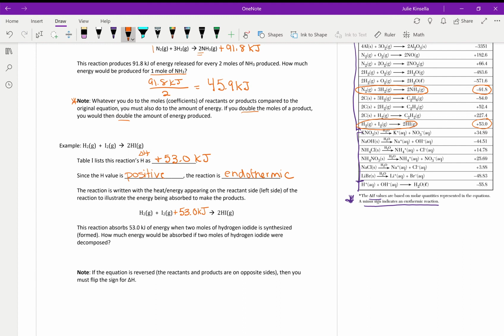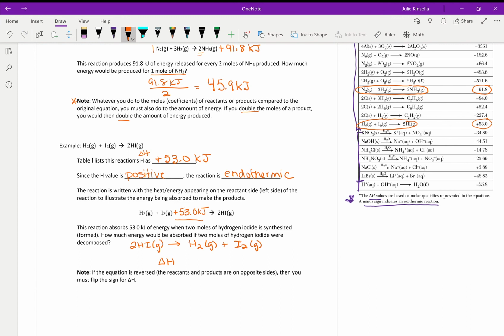So how much energy would be absorbed if 2 moles of hydrogen iodide were decomposed? So what would the energy be if I had those 2 moles of hydrogen iodide decompose into hydrogen and iodine? Okay, I reverse the equation. So my delta H originally was positive 53.0. If I then reverse it and think about how I would then write this, this energy moves right with the hydrogen iodide.